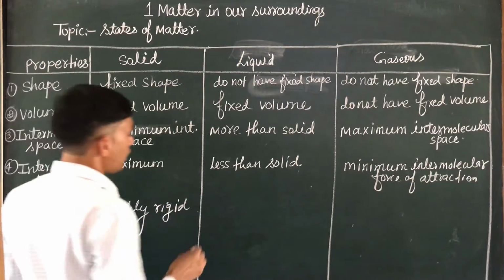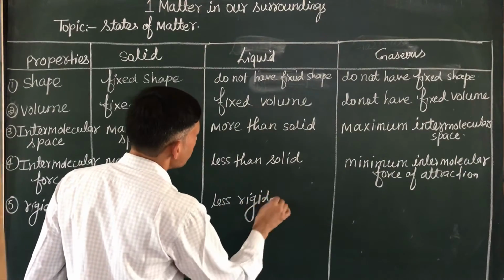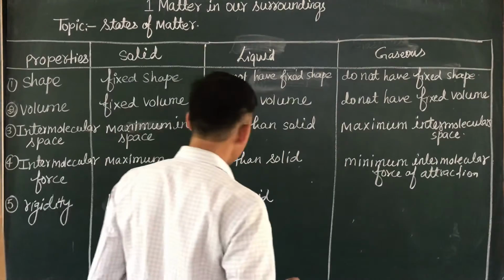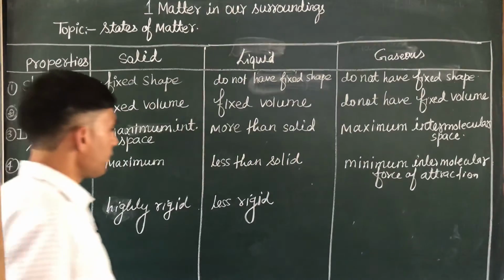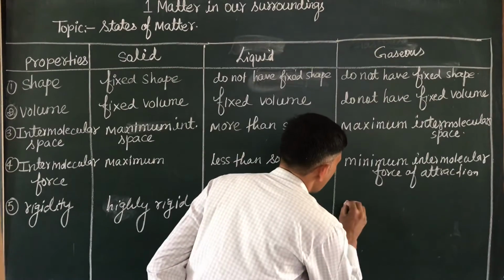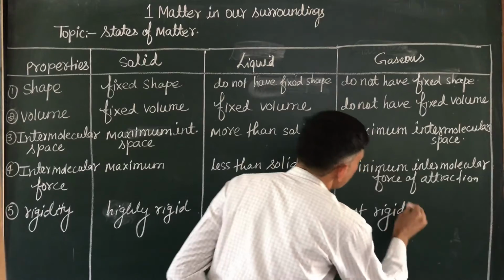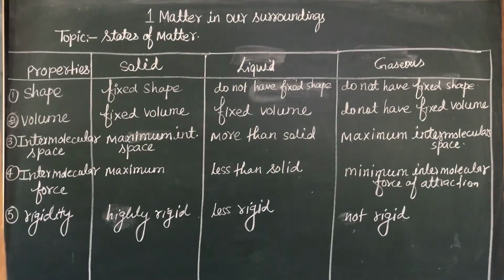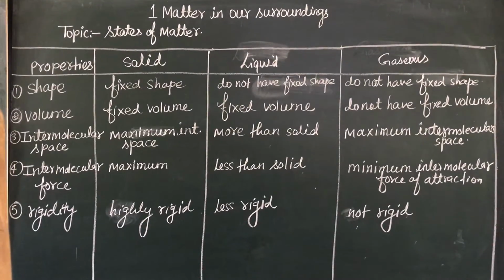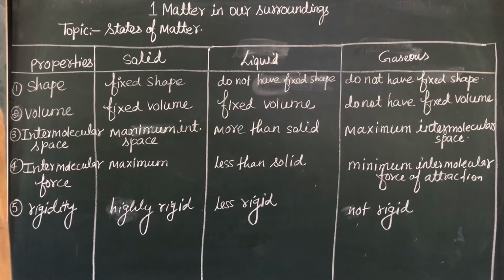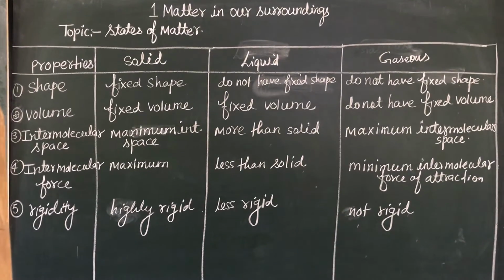Liquids are less rigid than solids, and gases are not rigid. Rigidity is the property of matter to resist a change in shape or volume when force is applied, and to maintain itself.